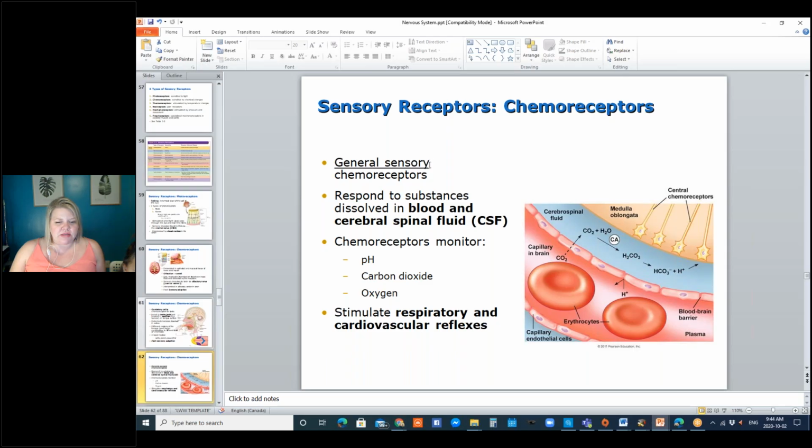All right, so back to our general sensory chemoreceptors. Chemoreceptors in your blood vessels and your cerebral spinal fluid are picking up and monitoring levels of your body's pH, carbon dioxide, oxygen, carbon monoxide, of course, would probably be in there too. But these are the ones I need you to know. And they will pick up the sensory information and relay that information back into the centers of the brain in order to stimulate changes in the respiratory and cardiovascular function.